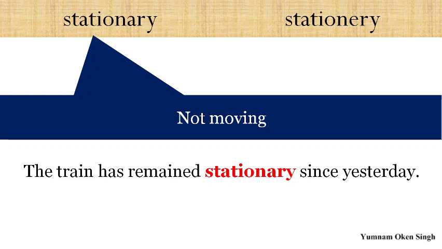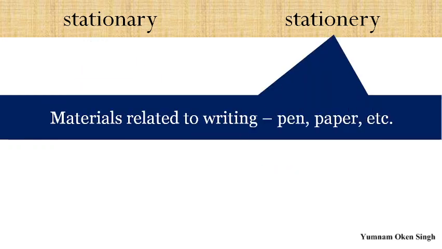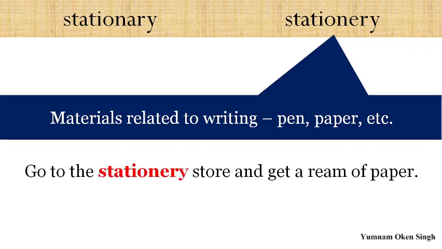It means the train has not moved since yesterday. And the second one, stationery, is related to writing materials like pen, paper, eraser, ink. All these are stationery items. So we can see an example here. Go to the stationery store and get a ream of paper. So there's this difference between these two words.